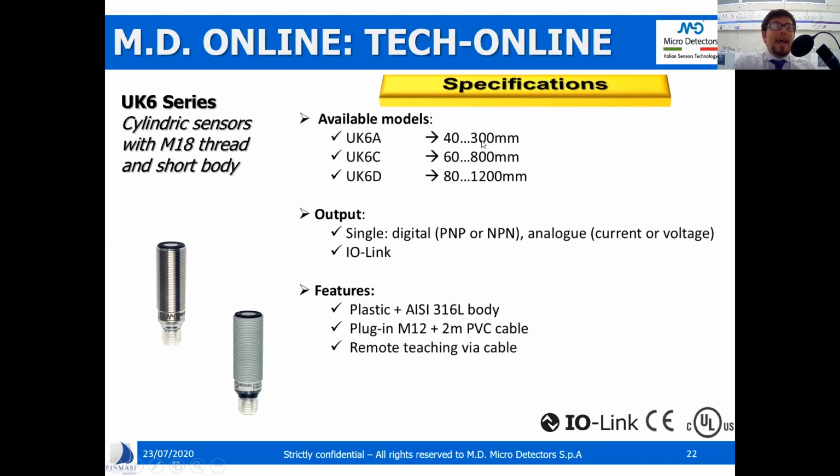In particular, the UK6A can grant, let's say, a detection between 40 and 300 millimeters, while on the other extreme, we have the UK6D able to detect objects between 80 and 1200 millimeters.